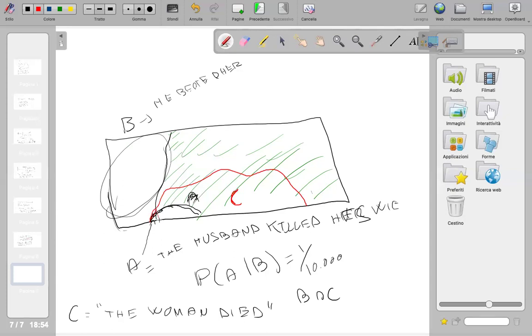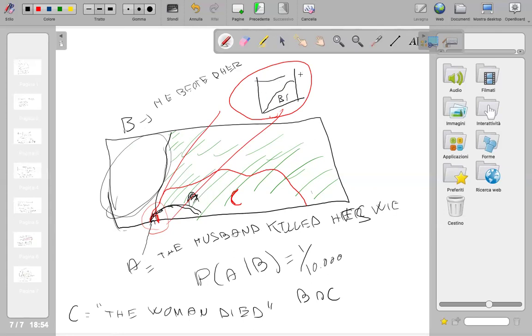So we know B and C, if we zoom in here, this one is B and C, and this is A and B and C. So the proportion of the event A is much bigger here.